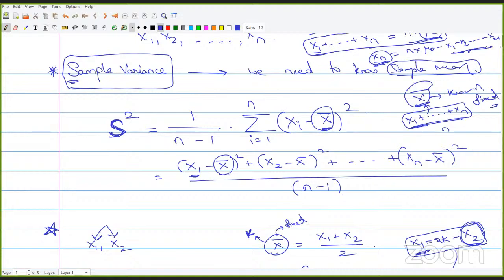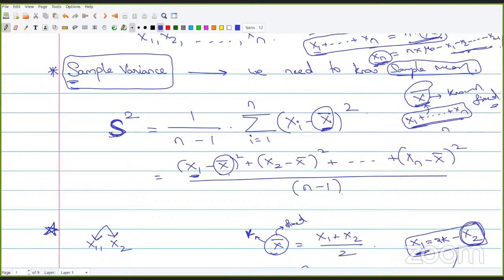From there, what we are deriving is how many of these n random variables have freedom to vary. They can vary freely. They can take any value in the support.